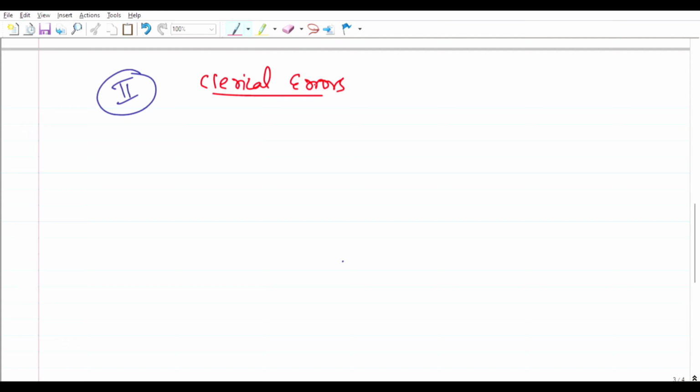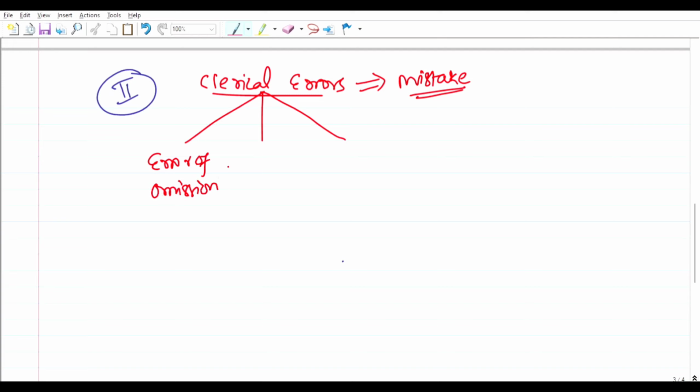These errors are done by mistake. Clerical errors are again divided into three types. First one is error of omission. Second one is error of commission.